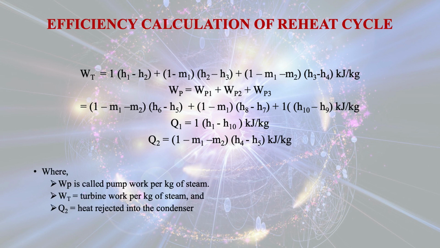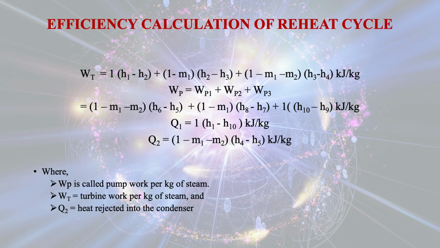WP is the pump work per kg of steam, WT is the turbine work per kg of steam, and Q2 is the heat rejected in the condenser.